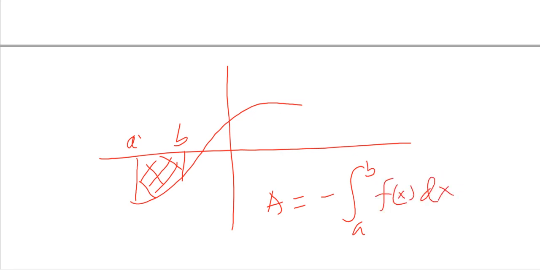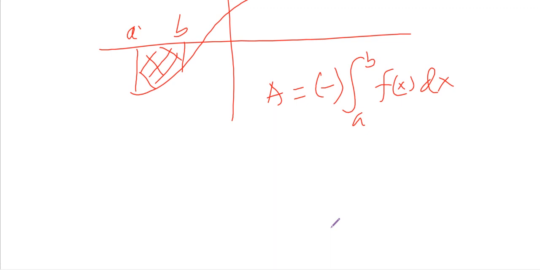If the region is entirely below the x-axis, there is a negative here, because the area of a region has to be positive. But in this section, f of x is negative, so if you work this out, you would get a negative value. We multiply by -1 to make it positive.